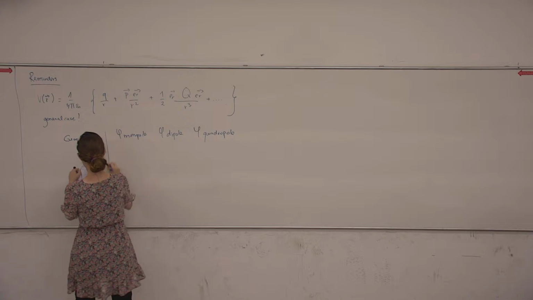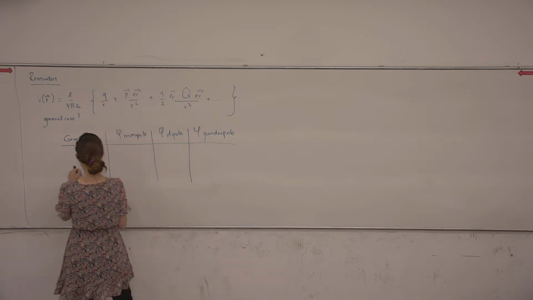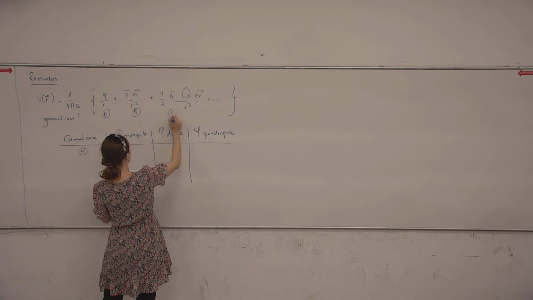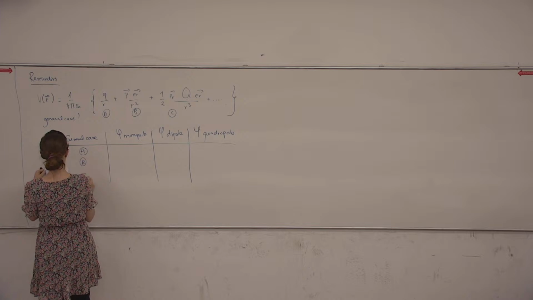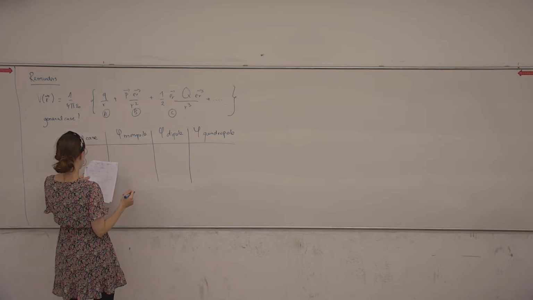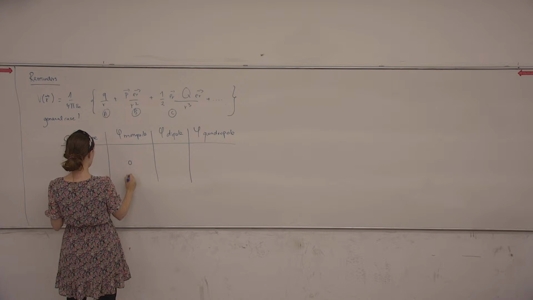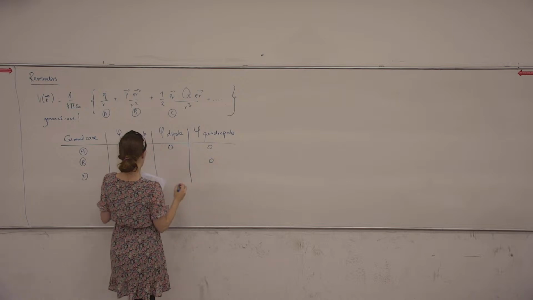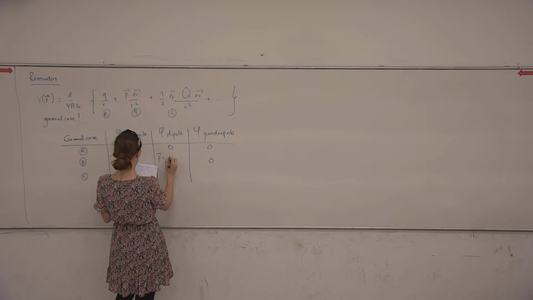We call these terms A, B, C, and we saw that in the case of a physical monopole, this is 0, this is 0, then this is 0 and 0, 0. Here we defined, I remind you, what the dipole moment is.